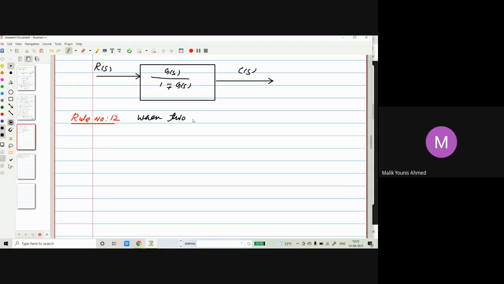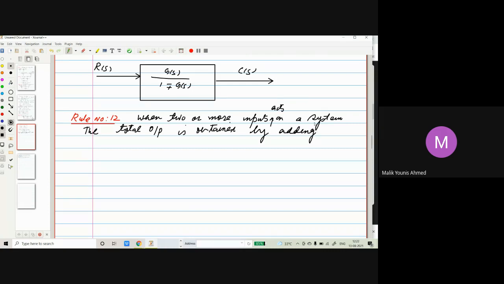When two or more inputs act on a system, the total output is obtained by adding the effect of each input separately.